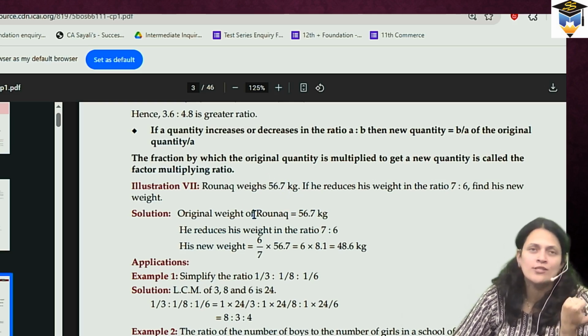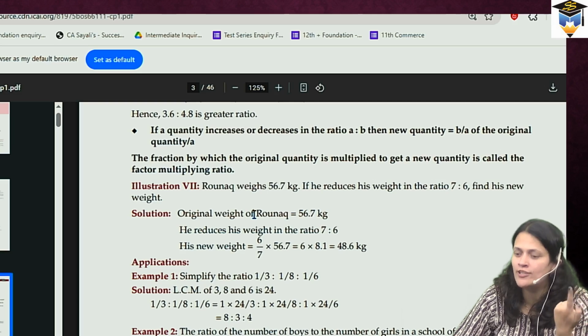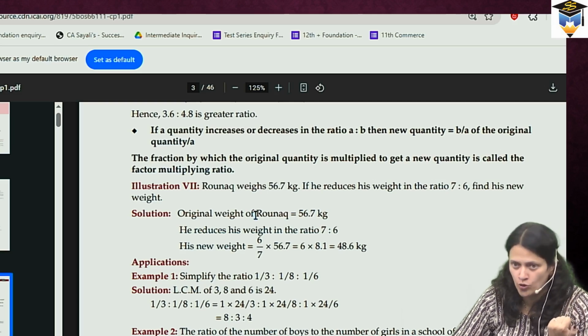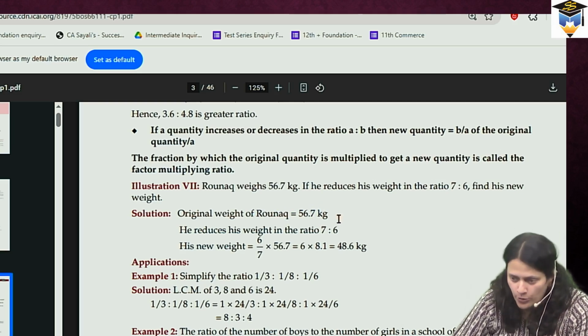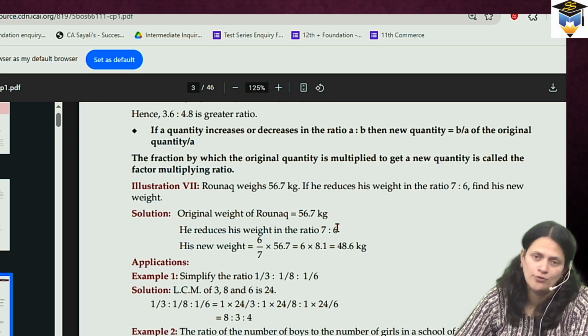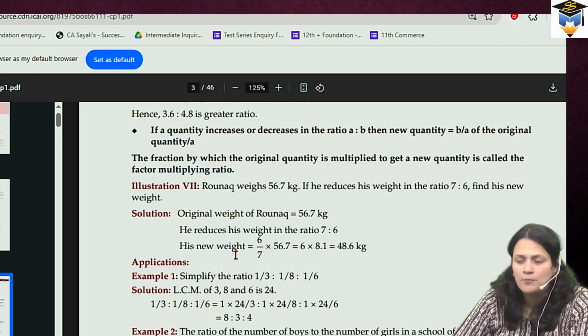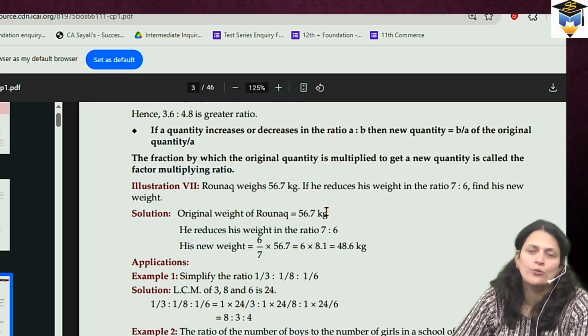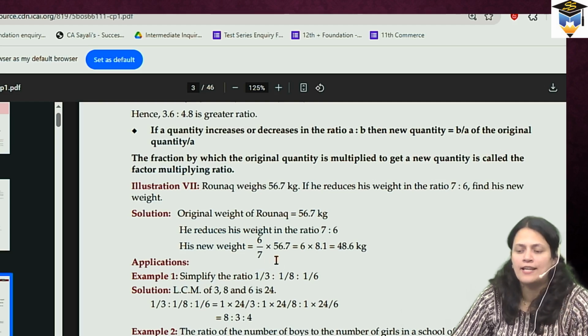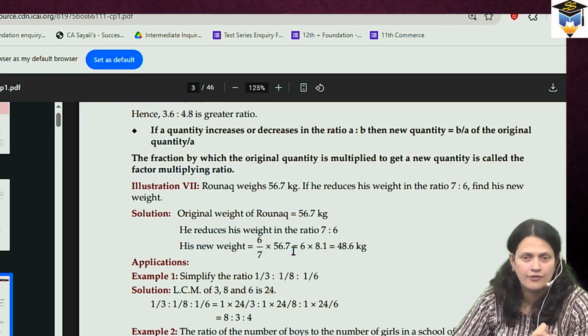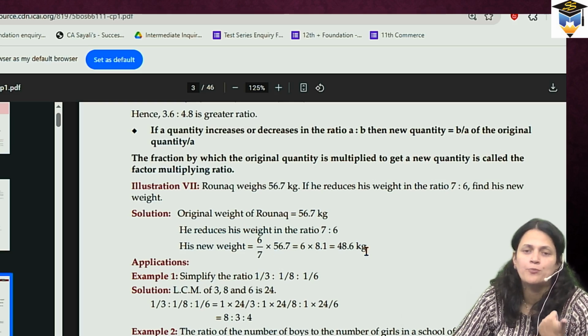When he is going to reduce his weight, it will reduce in the ratio 7:6. So in order to find his new weight, you will take the reciprocal of this ratio and multiply it by the original weight of Raunak. So 6/7 multiplied by 56.7, the answer comes out to be 48.6 kg.